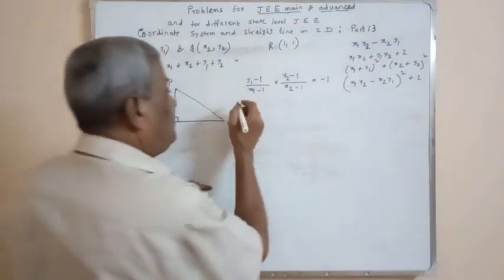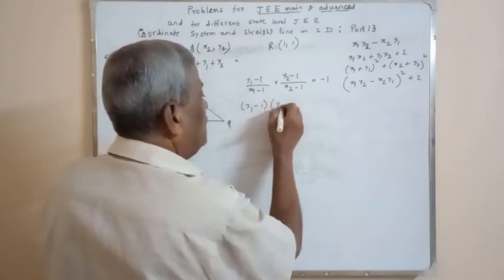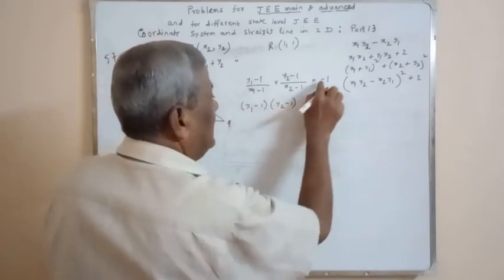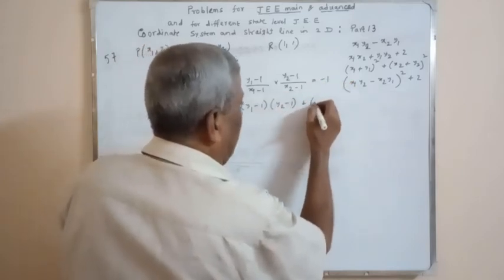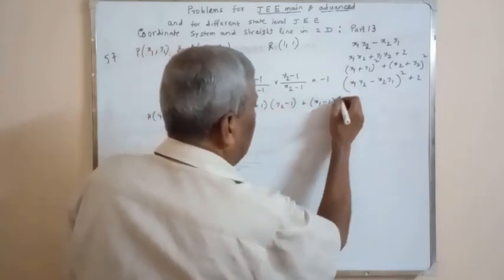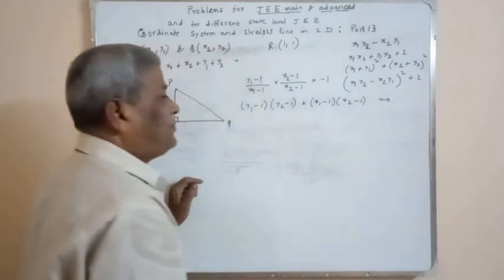That means (y1 minus 1)(y2 minus 1), this is negative on that side, so it will be positive here, plus (x1 minus 1)(x2 minus 1) is equal to 0.